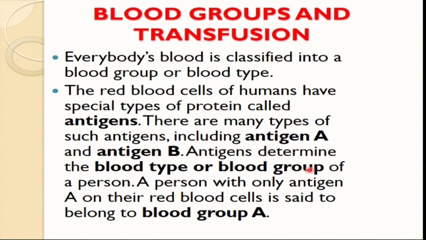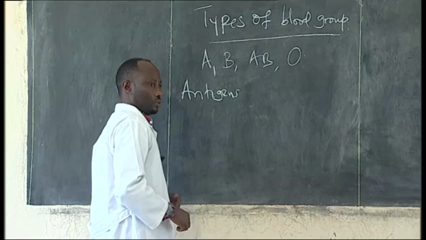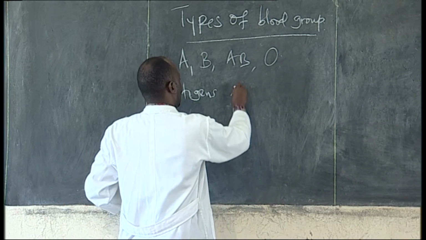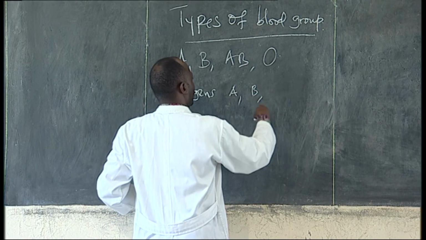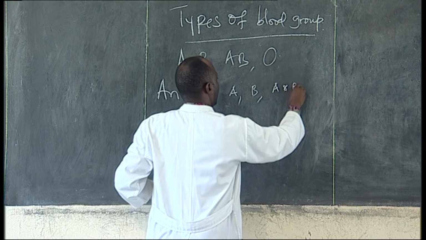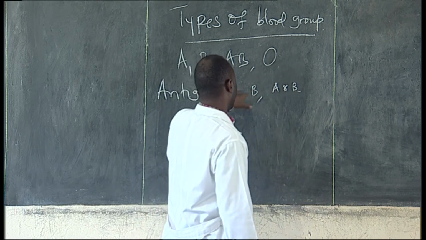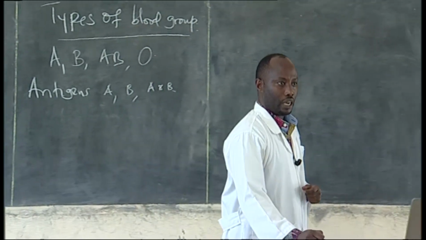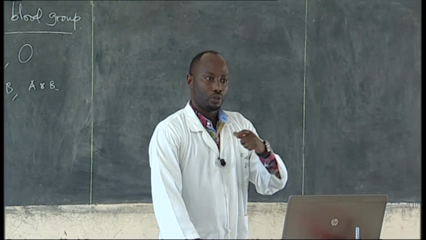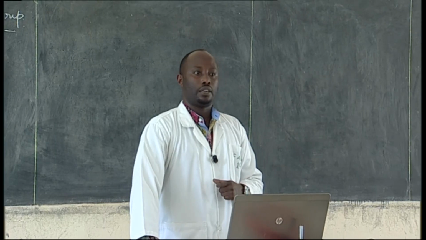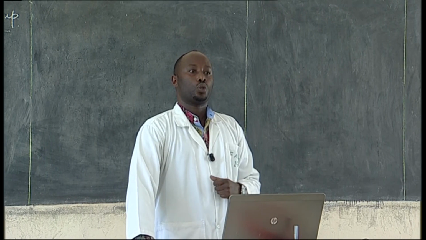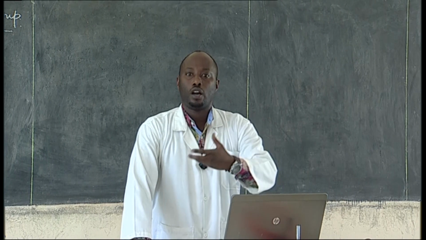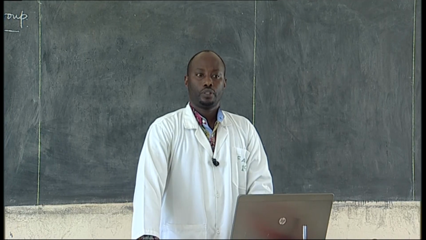And antigens must be compatible with antibodies. We have anti-A, we have anti-B, we also have A and B, okay? So these antigens are the ones that determine the type of blood group. Are we together, student? I will come to this lesson. It is very interesting and very essential to know. Everybody must know that you have a type of blood group.